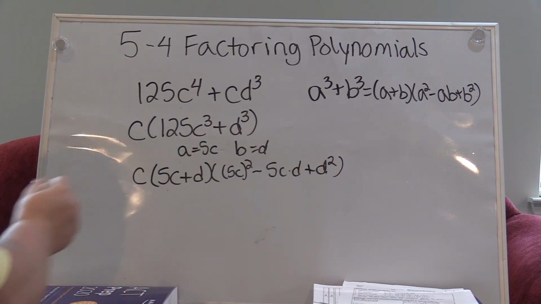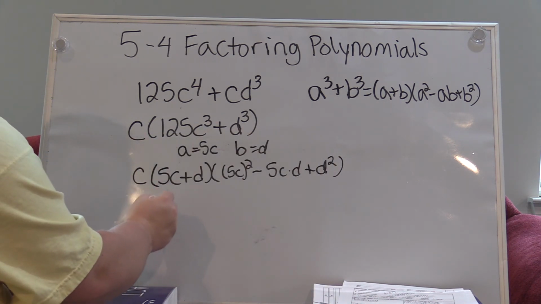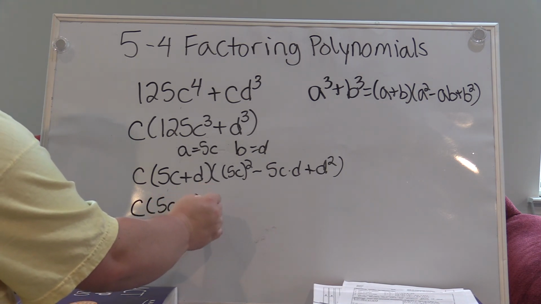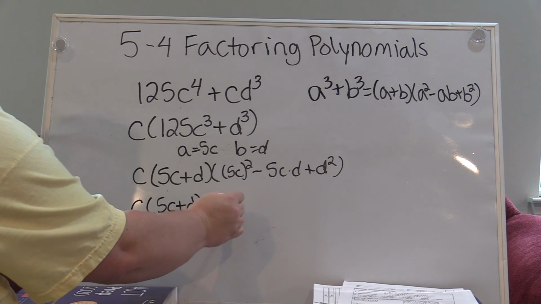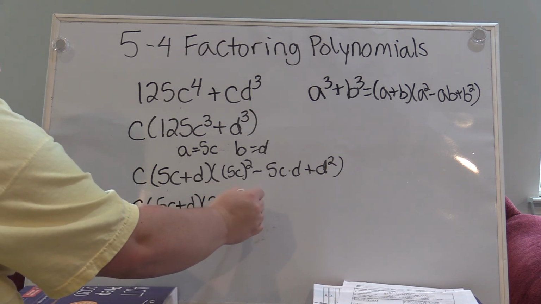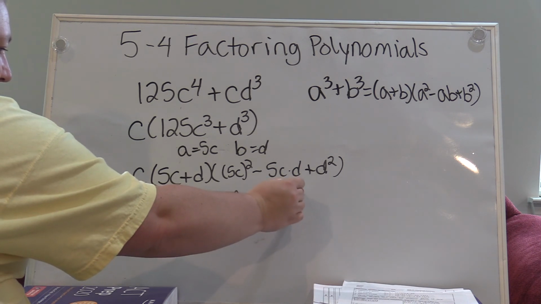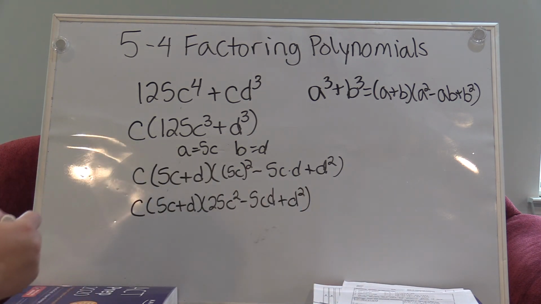And if I simplify this, I get c times 5c plus d times 25c squared minus 5cd plus d squared. And we have factored successfully a sum of cubes.